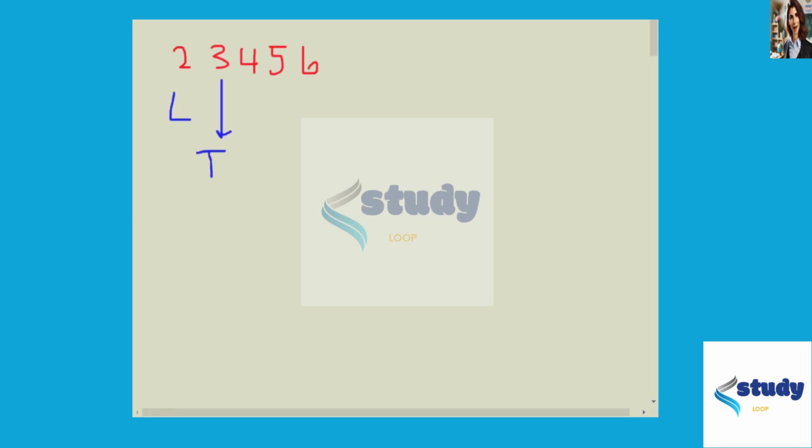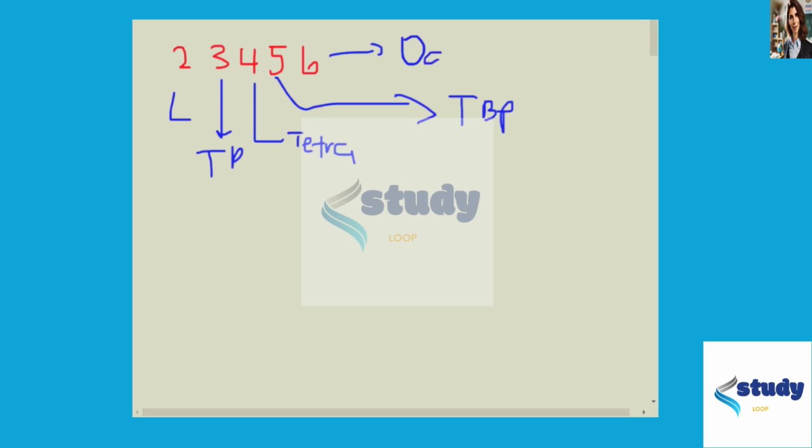This one is trigonal planar. 4 is tetrahedral. 5 is trigonal bipyramidal, or TBP. And then 6 is octahedral.